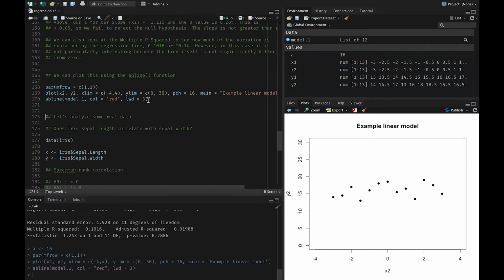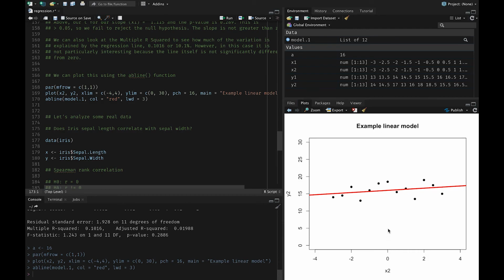If we run that, you can see, okay, our line is pretty flat. Here you notice that x goes from -4 to 4. We can check to make sure our intercept makes sense by looking at x equals 0, and it's right here.